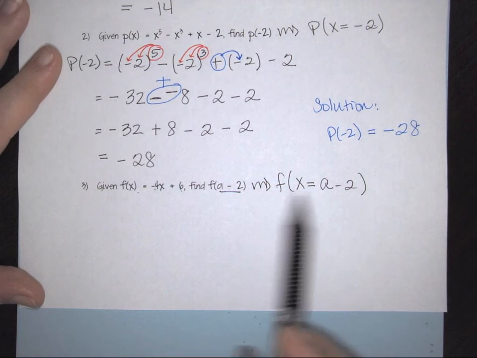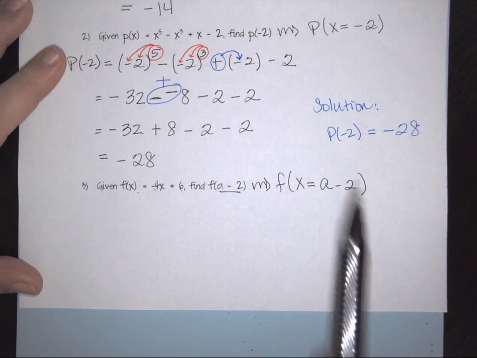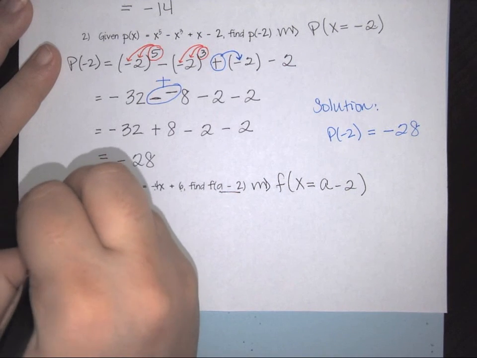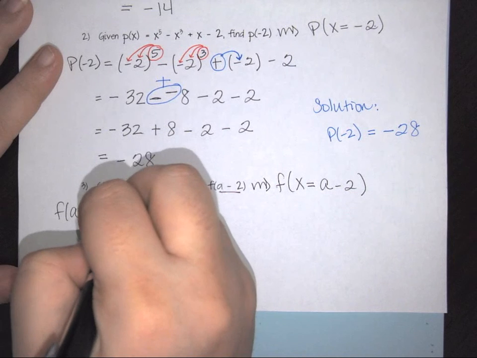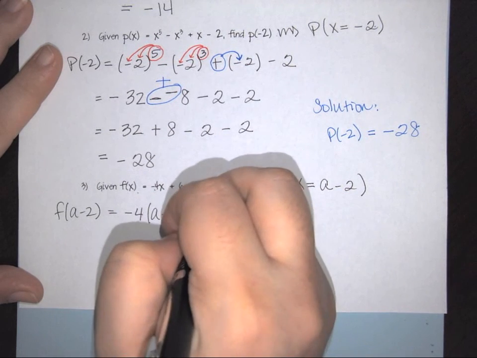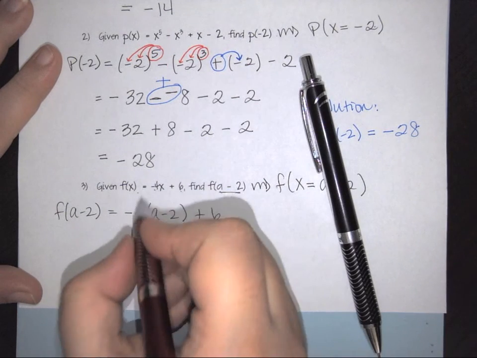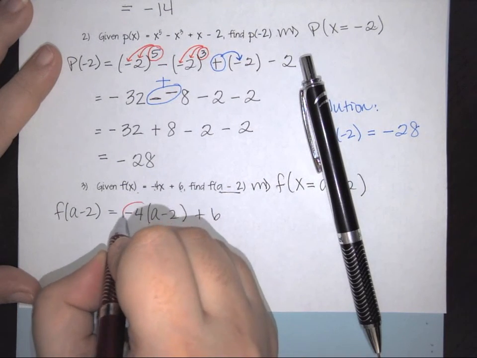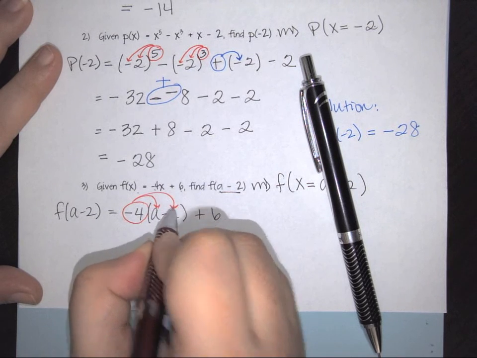So instead of a number, I'm using an expression. So f of a minus 2 is going to give me a negative 4 times a minus 2 plus 6. Now I have to take this negative 4, so this whole negative 4, and I have to distribute it into my parentheses here.